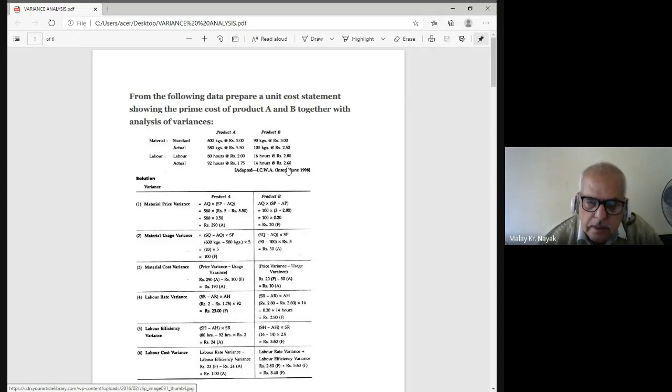Clear? Therefore, labor rate variance plus labor efficiency variance equals labor cost variance. It confirms.